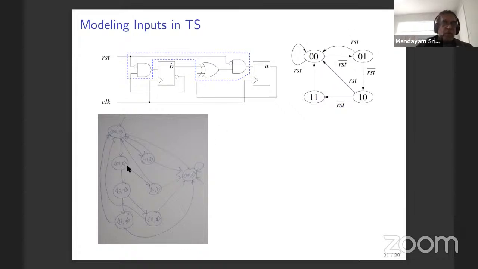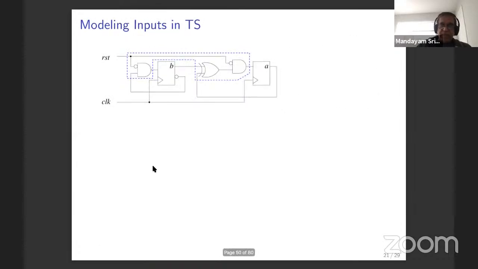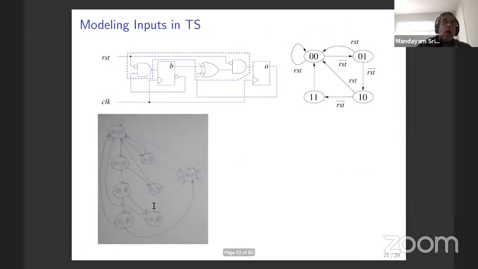But the place where non-determinism is being used is, as you can see, the A and B components are getting changed as per the delta defined here. So this is a counter.